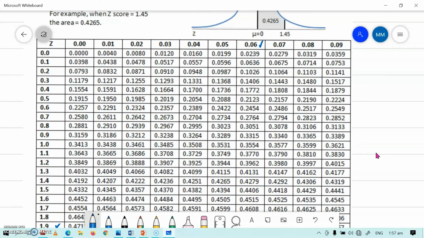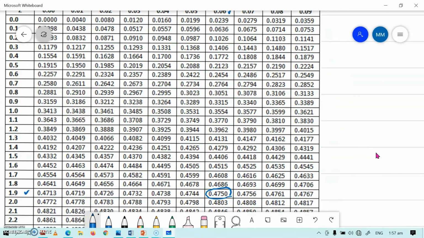So here we'll write the z value of alpha over 2 is equal to 1.96. Okay?